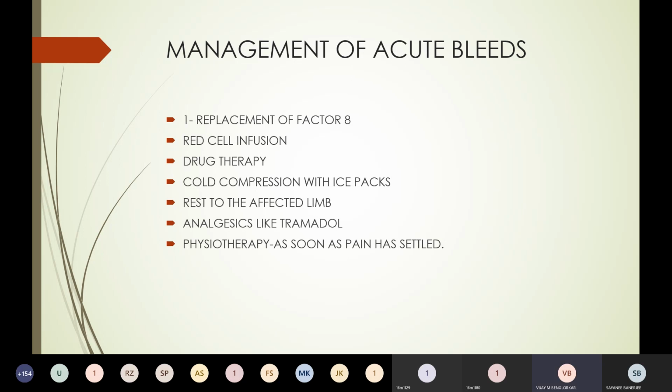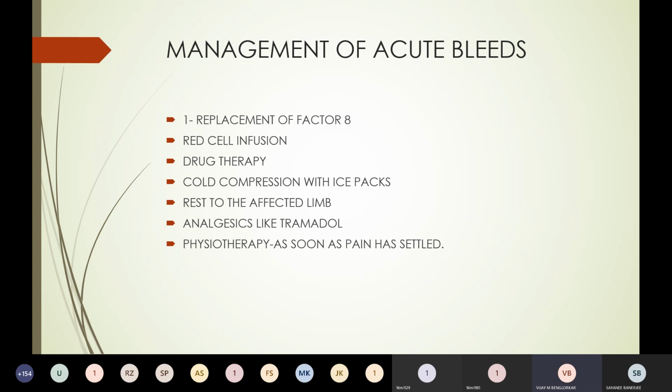Now coming to management of acute bleed. Suppose any person with hemophilia, maybe severe hemophilia, has got acute bleeding. So what can we do? Suppose he had a fall, followed by the joint being affected. First, you have to give rest to the affected limb.